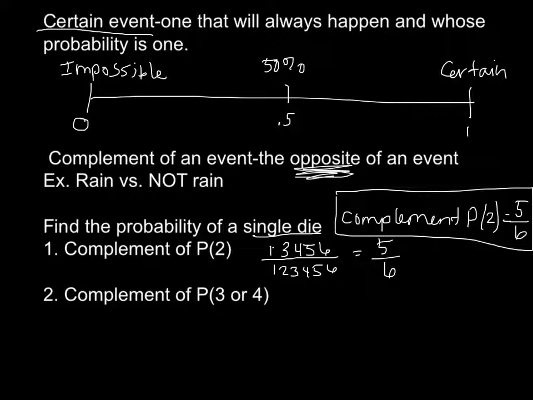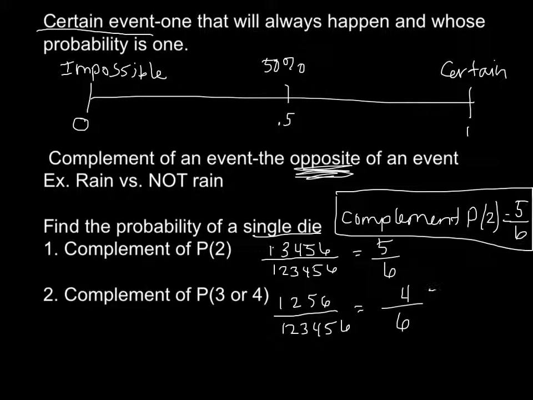So let's do number 2 here. Complement of the probability of rolling a 3 or a 4. Well, I could roll a 1, a 2, not a 3 or 4, but I could roll a 5 or a 6. Out of how many possible choices do I have? I have a chance of rolling 1, 2, 3, 4, 5, and 6. So on the top I have 4 chances out of 6 chances.